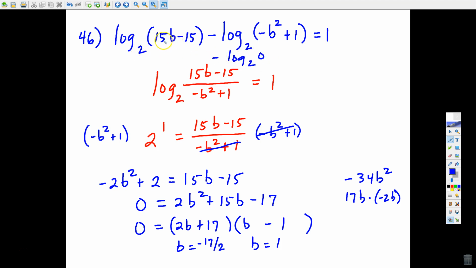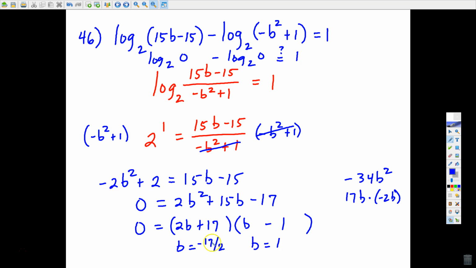If b is 1, 15 minus 15 is 0. Alright, and we're trying to see if what we have here is equal to 1. Well, log base 2 of 0, that means 2 to the what power would equal 0. Well, there is no way to raise 2 to a power and make it equal to 0. Alright, so that's a problem.